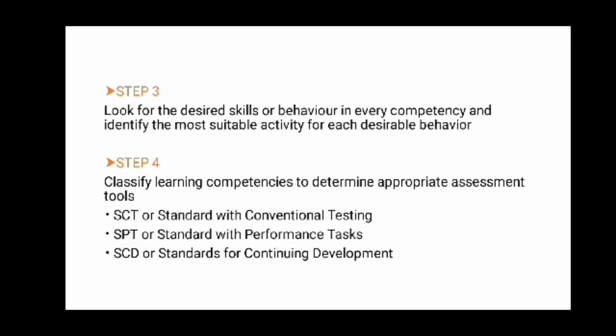The desired behavior or skill in this learning competency is for students to create these crafts, assembled with local materials, guided by local traditional techniques. This could be done through lecture, workshop, project-based approach, or individual or group project. The activities will serve as instructional strategies for teaching the learning competencies.